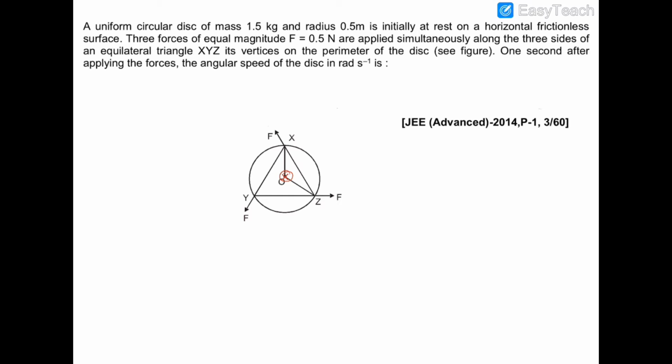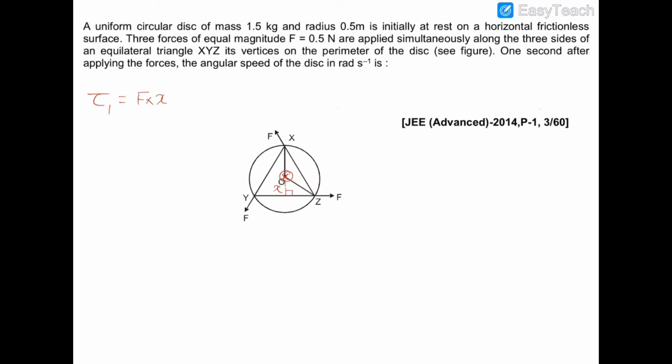The torque of any one of the forces is equal to the torque of the other forces. Let's suppose this distance is x. So the torque of any one force will be equal to F into x. This x is the perpendicular distance from the line of action of F.